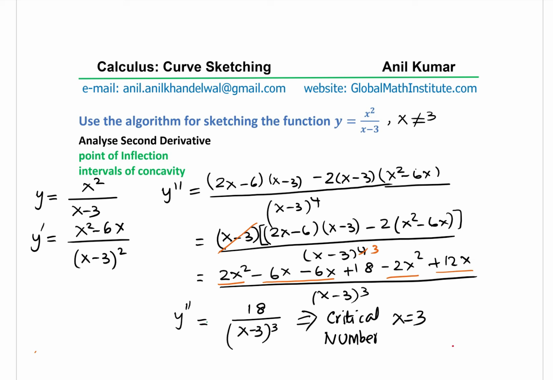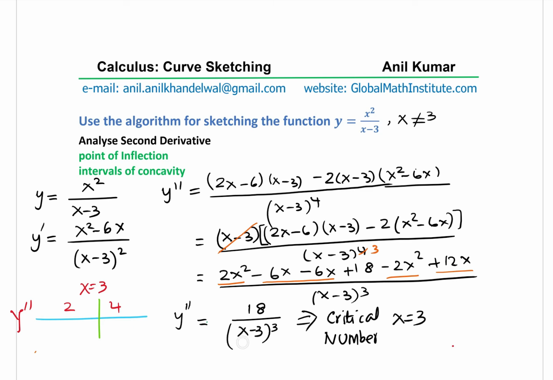So we'll analyze the two intervals which are divided by this critical number. Let us analyze the left hand side. So let us say that this is our reference where we are writing x equals 3. We'll now analyze the second derivative, which is y double dash, taking test points as 2 and 4 on either side.